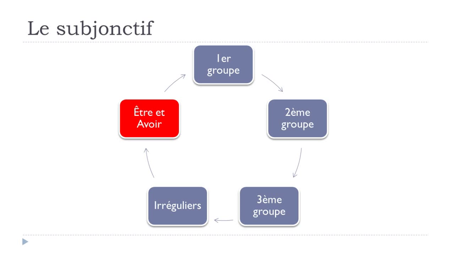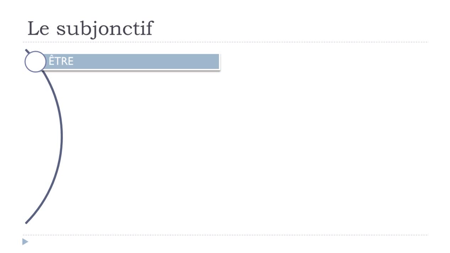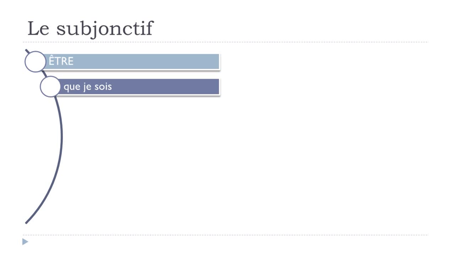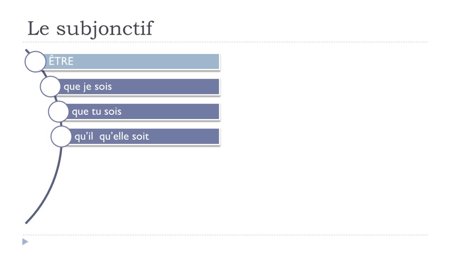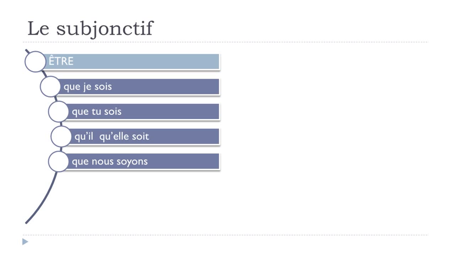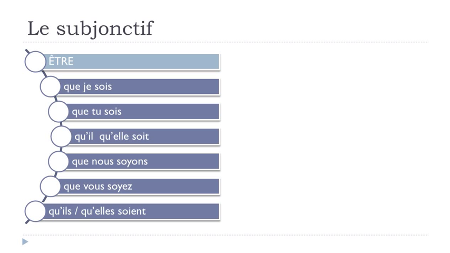And of course, we'll finish with être and avoir because they are usually quite tricky. Être, to be, will give you in the subjonctif: que je sois, que tu sois, qu'il soit, qu'elle soit, que nous soyons, que vous soyez, qu'il soit, qu'elle soit. As usual, good news is that soit and soit here, you write them differently, but you pronounce them the same way.